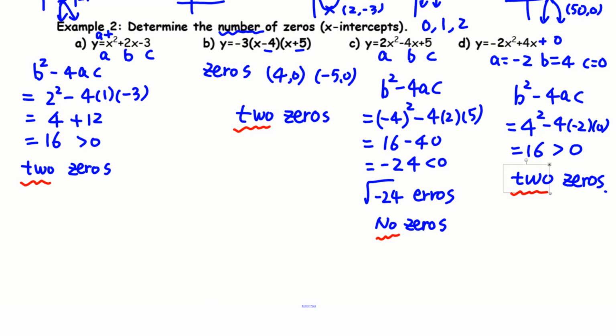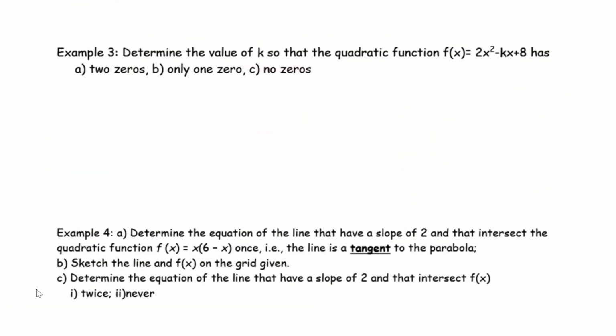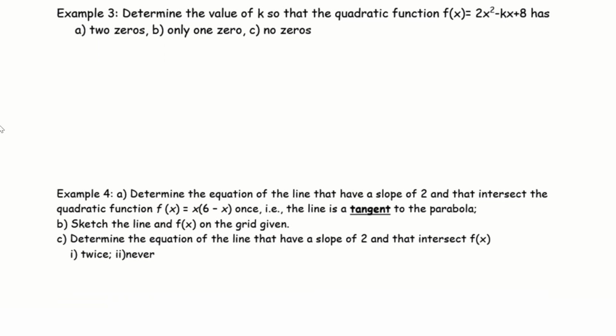Now we are going to see where we use the number of zeros to solve problems. So example 3 asks you to determine the value of k so that the quadratic function has 2 zeros, only 1 zero, and no zeros. The application is in example 4.